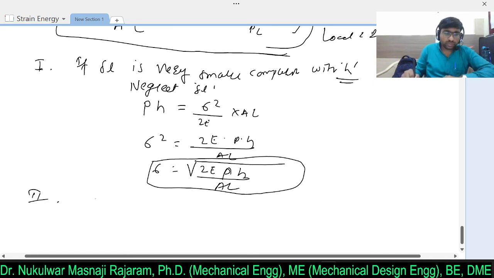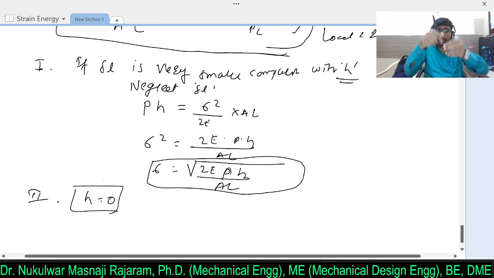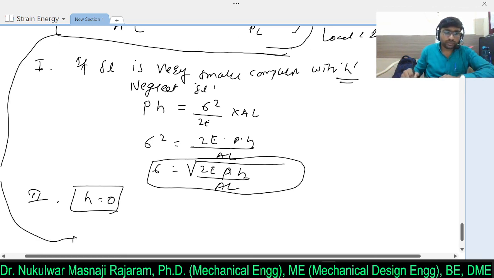Now the next conclusion is, if I consider the H value negligible, so we are applying the load at the end only. If you put the H value in this equation, I will rewrite that equation: sigma will be equal to P by A into 1 plus under root of 1 plus, and in the expression if you observe there is an H, if you multiply by 0 with anything, then it will become 0.